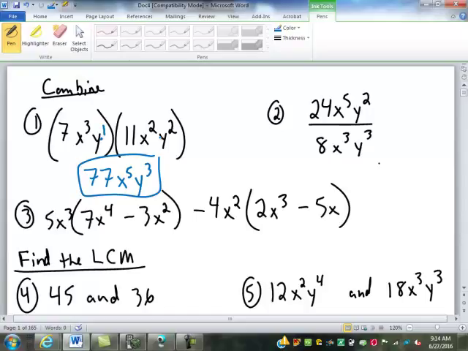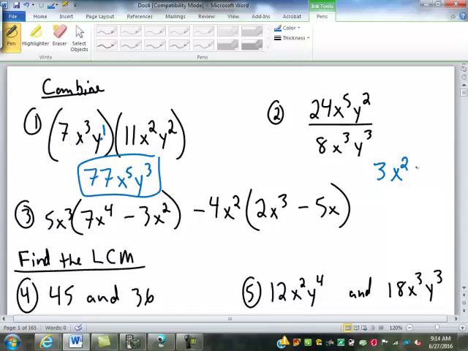Okay, then over on number 2, we're dividing. Same process, though. We start out with the numbers. 24 divided by 8 is 3. Then we look at the variables. X to the fifth divided by x to the third is x squared. We're subtracting powers when we divide variables with exponents. 5 minus 3 is 2, so x to the 2.